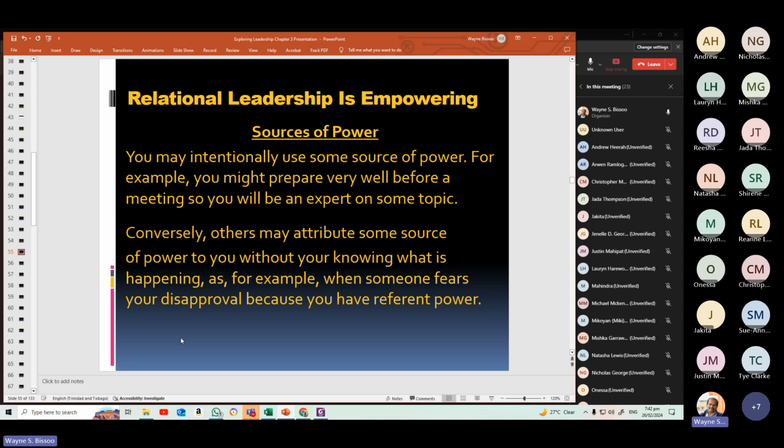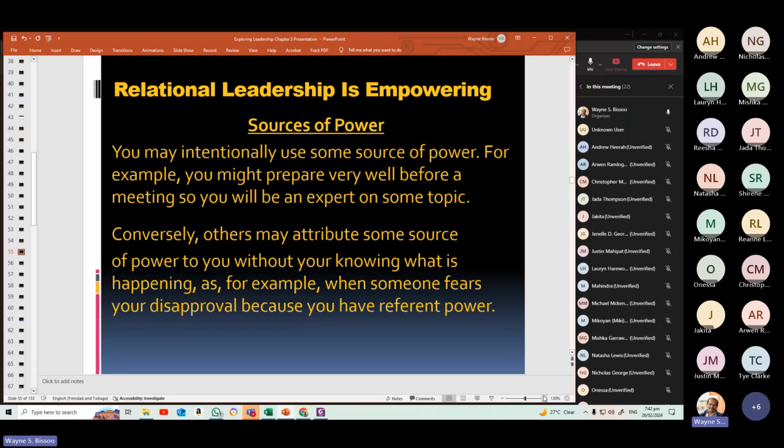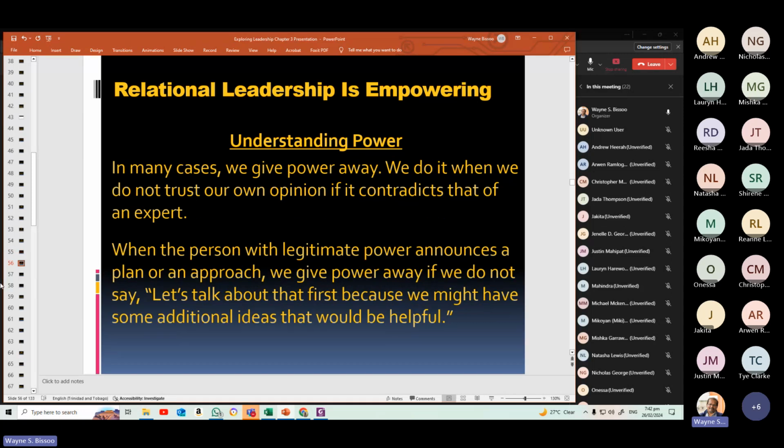And therefore, we may think that they are really good with language and writing and stuff like that, and that may not be true. So we've ascribed to them power that is not real, or at least is not necessarily going to be true. So that's something you have to be aware of, that sometimes that happens when you're dealing with ascribing power. All right.